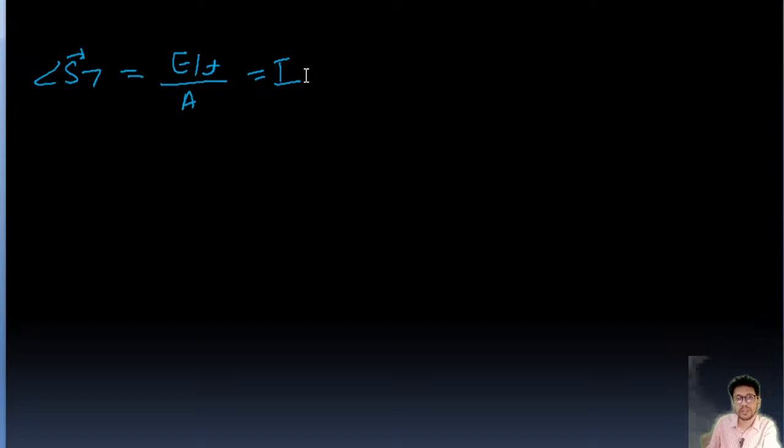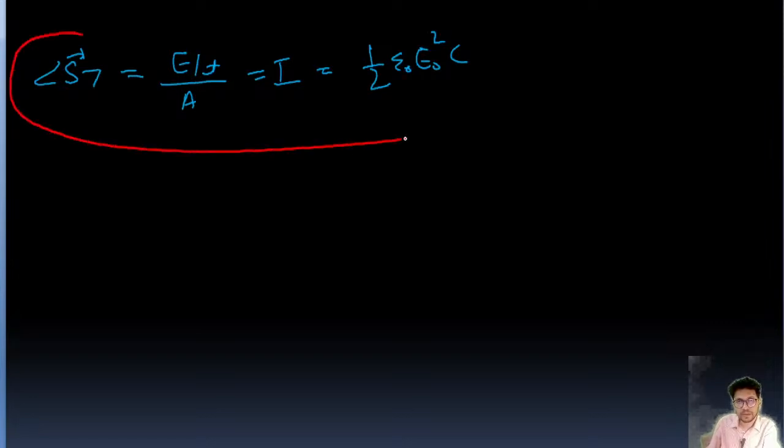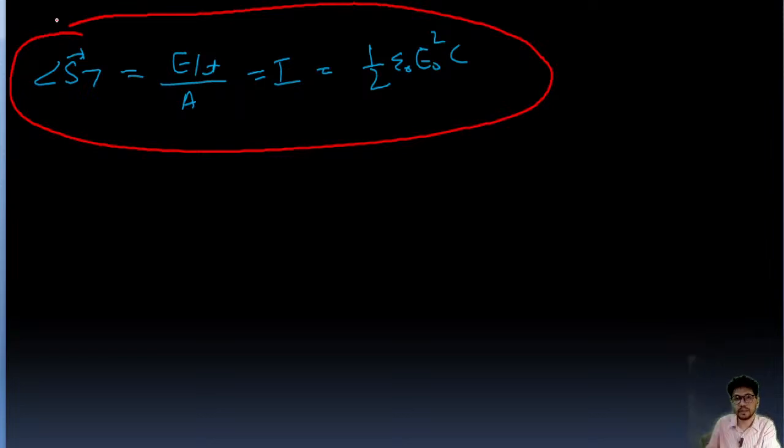The flow of energy per unit area per unit time is S, and that is I, and that is equal to, we know, this is a formula based question, guys, you need to know it: 1/2 epsilon 0 E naught square C. Very important. The average of S, the Poynting vector, is 1 upon 2 epsilon 0 E naught square C, right?